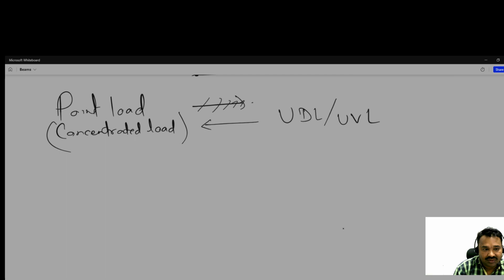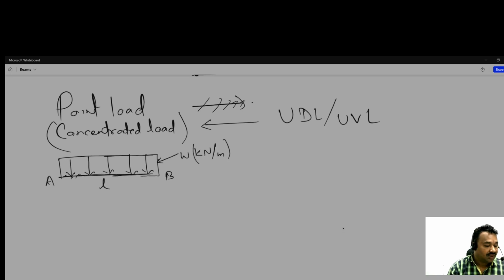So suppose this is the beam loaded with some intensity, A, B of L length beam, and this height is the same, so that's why W kilonewton per meter.